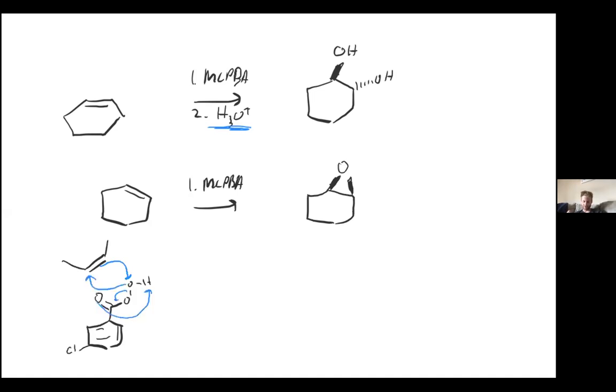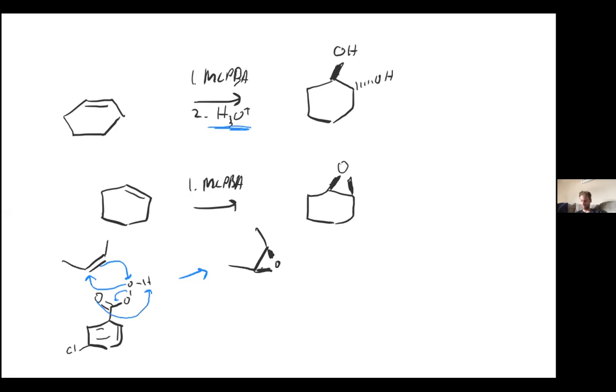I'm not going to make you guys memorize this particular arrow pushing pattern, but just know that MCPBA will give you an epoxide plus a carboxylic acid in solution. You could also do this with just any general peroxy acid, so it didn't necessarily have to be MCPBA. That just tends to be the one that we use a lot because it's a cheap reagent.